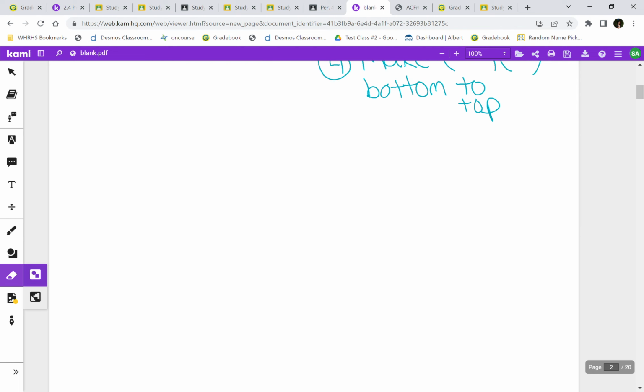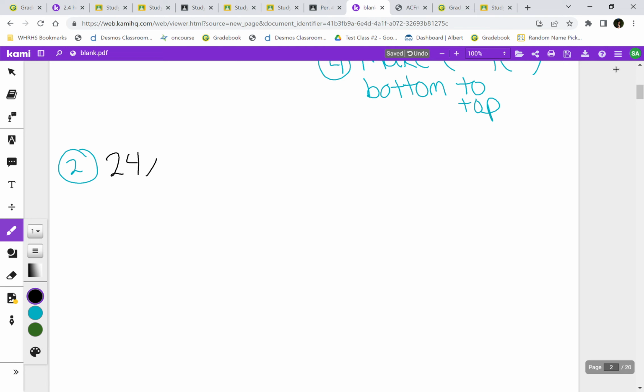All right, let's do our sample problem. The directions for all of these are to factor. Whenever we're factoring, the first thing we always look for is what?